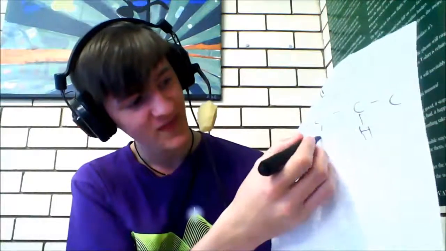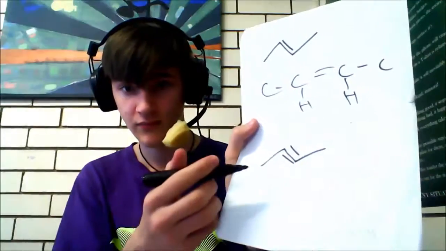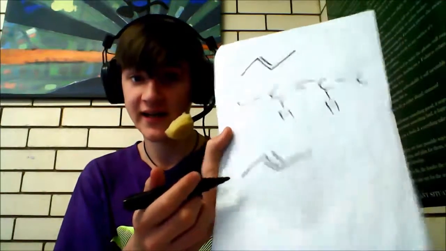So these two will only have 1 hydrogen each, instead of 3 or 2. Then there's also the same thing, but with a triple bond. Bam! And that's an alkyne, spelled with a Y. So this is butane, this is butene, and this is butyne.